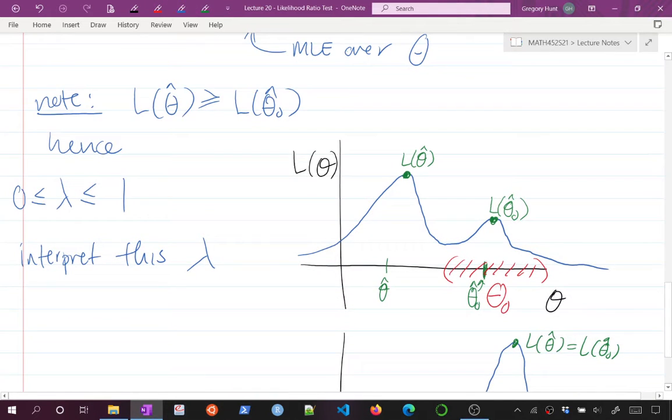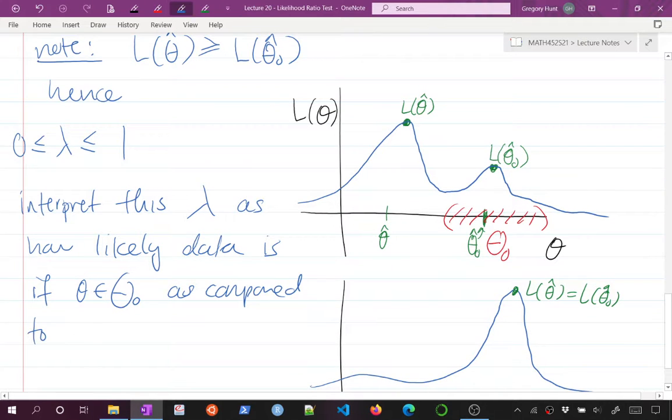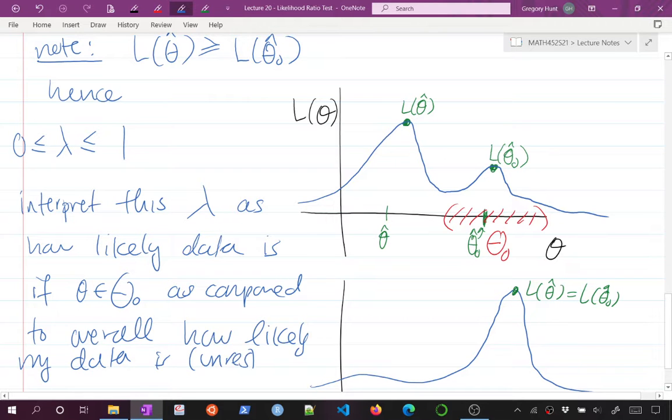So interpret this lambda as how likely this null hypothesis is, or maybe we should say, how likely the data is if the data is in my null hypothesis as compared to overall, how likely my data is unrestricted.